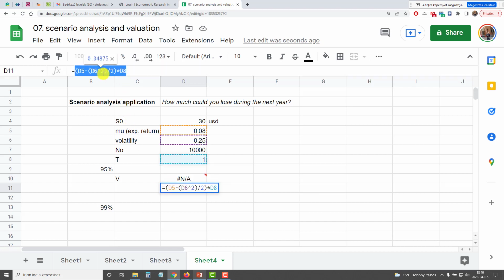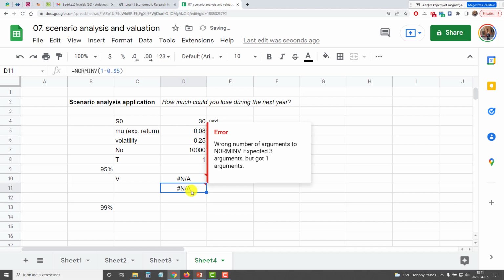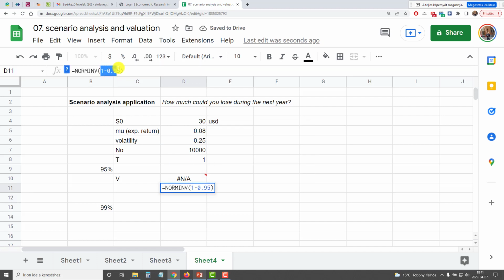Okay, the first part worked, so let's see the second half, because obviously the problem will be located here. Okay, then why? Norminv? It's not working. Oh, this is a function error. Cool. Then let's see why.